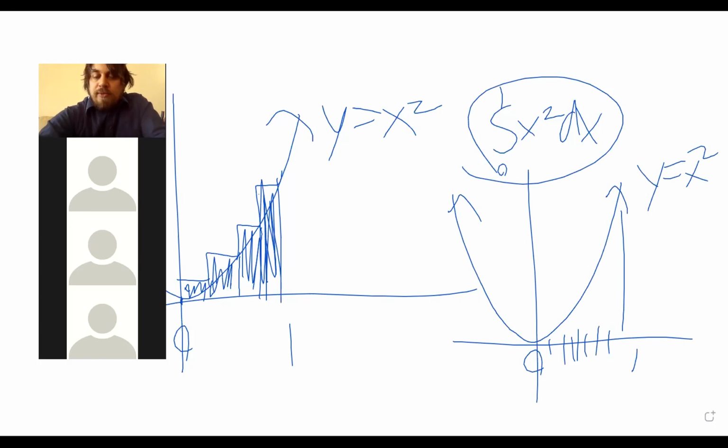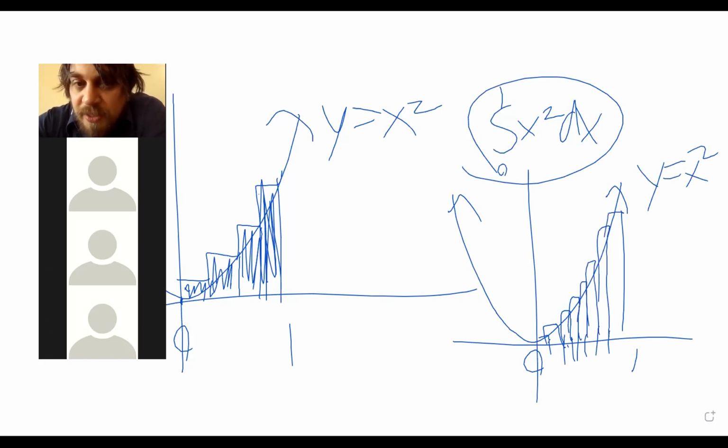Then I use right endpoints again. I'm going to try and draw this with my hand on the screen as best I can. Using right endpoints, and you're finding the value. So now we have 2, 4, 6, 8.